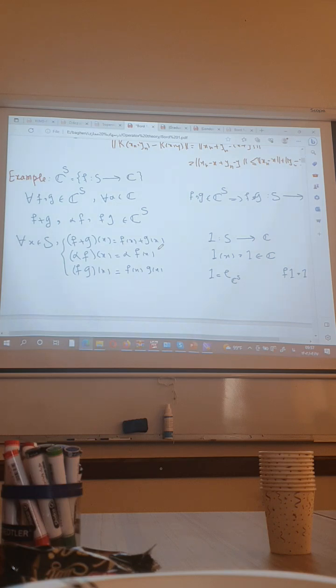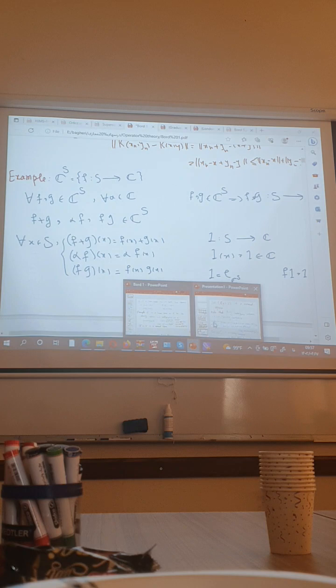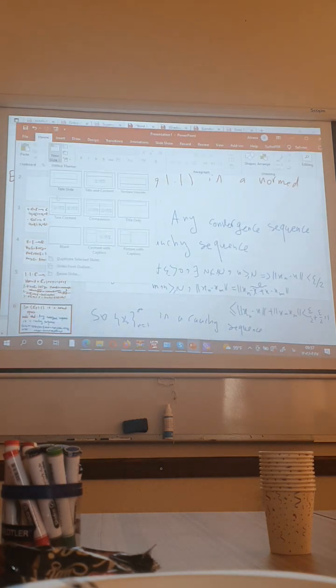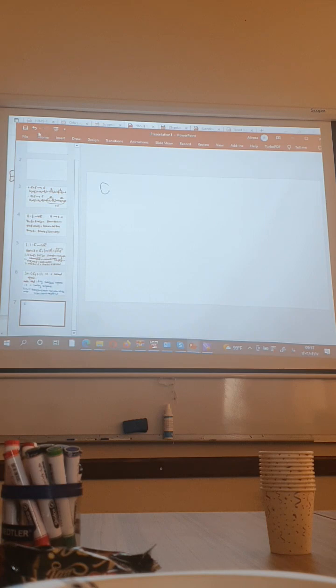Please note that we say that C^S, for example, where C is the complex numbers, is equal to the set of all functions from S to C. So if we consider f and g in this set, f and g are functions from S to C. Now what is f plus g?